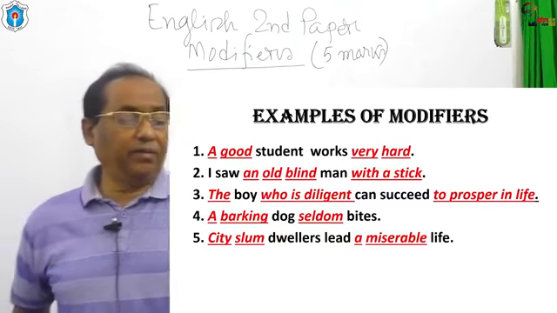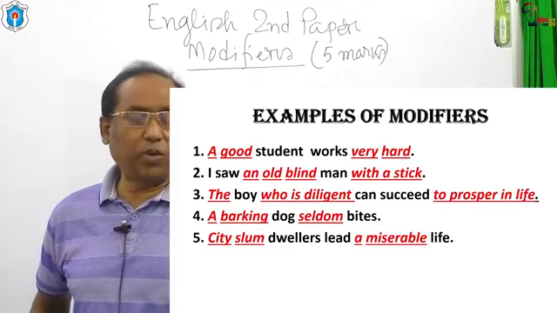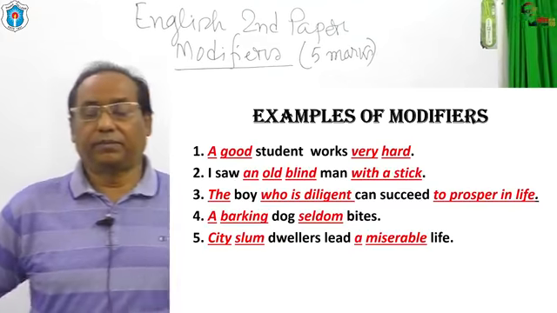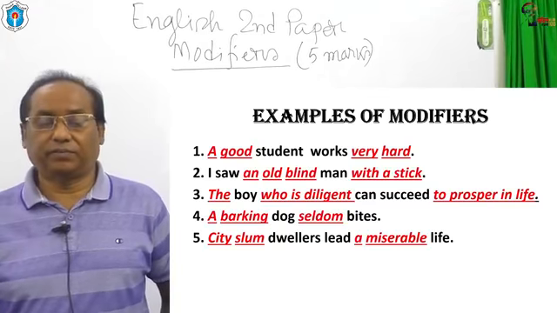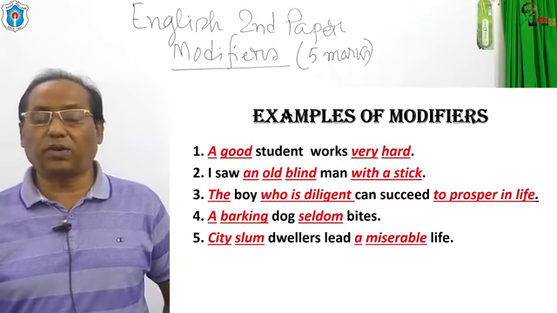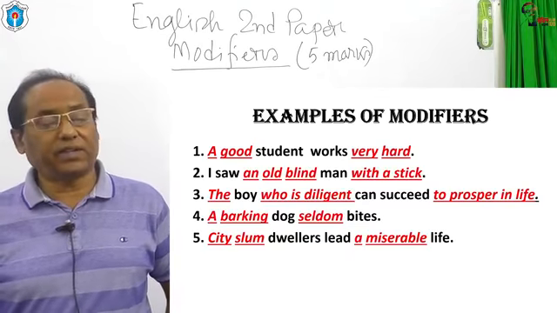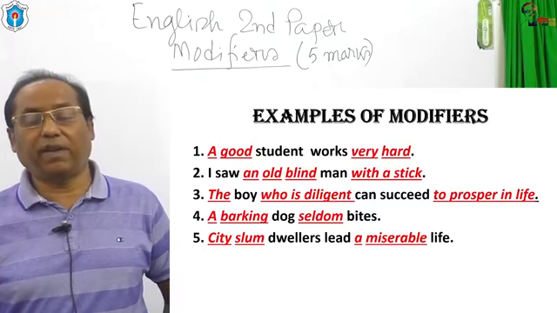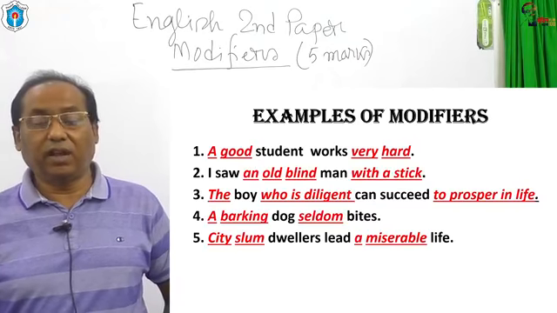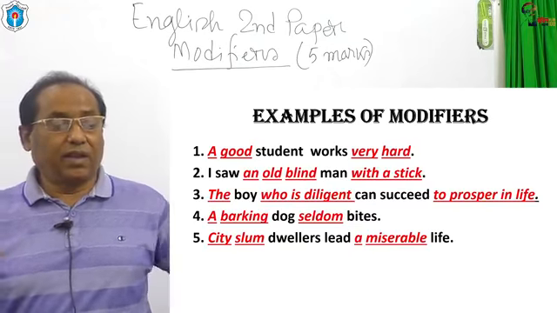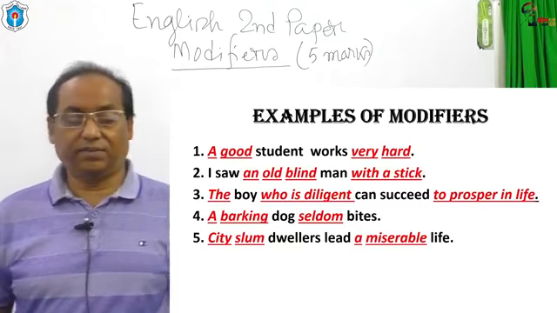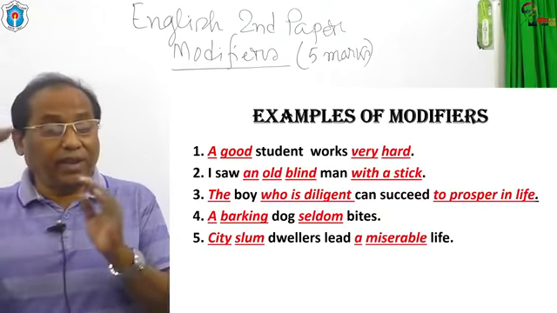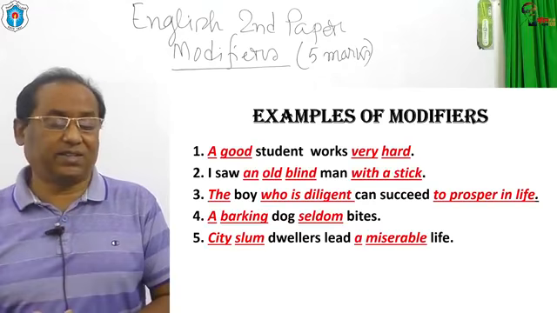Now another phrase you can see, "to prosper in life." It is an infinitive phrase, because it is a group of words, but it doesn't have any subject and finite verb. So it's a phrase. This phrase modifies the verb succeed. The boy can succeed.